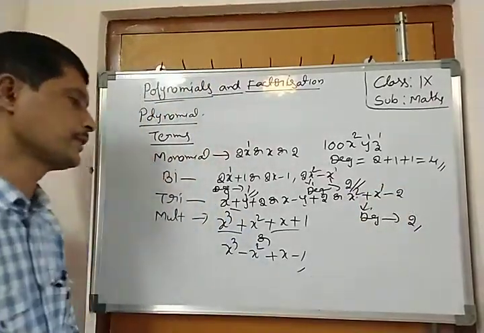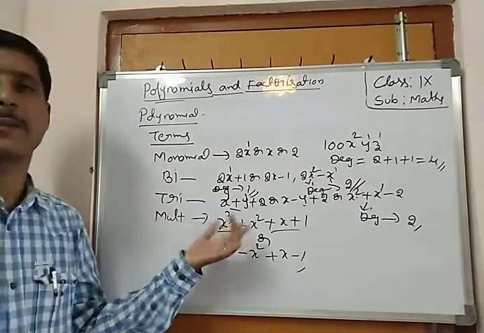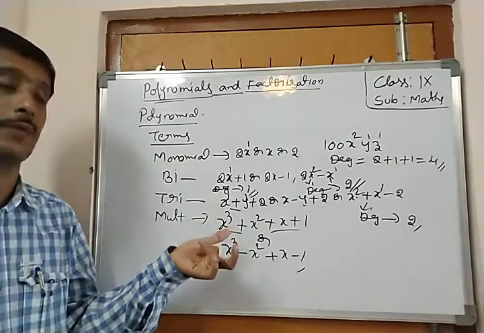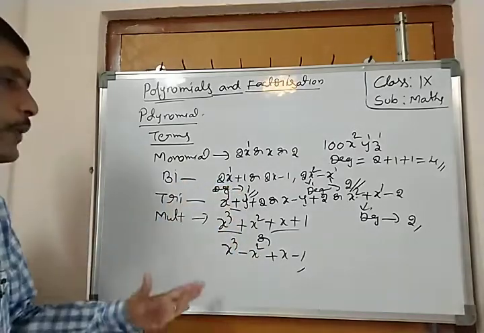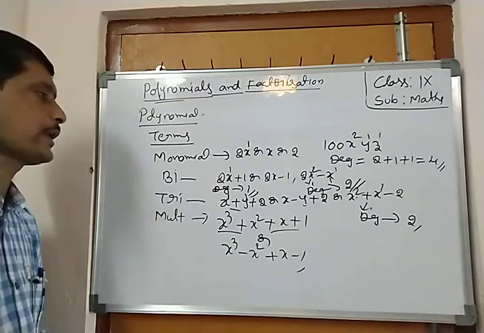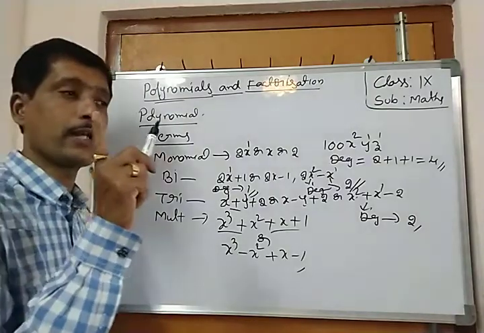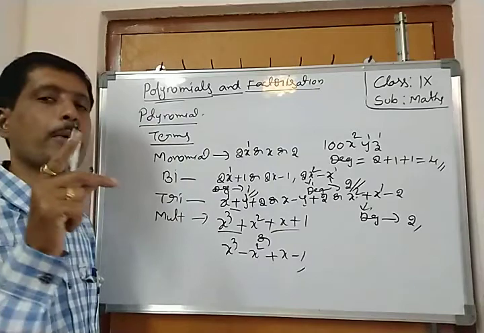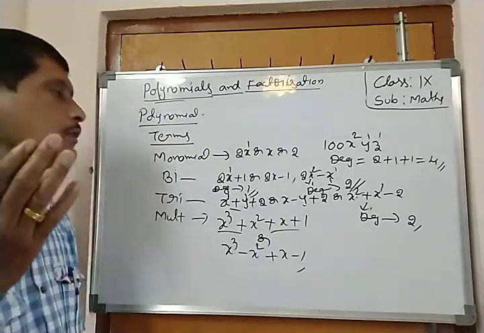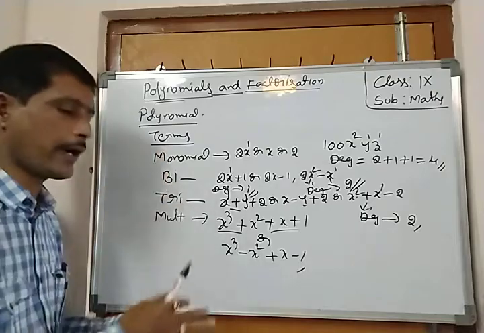Next multinomial is also the same: the highest power among the individual terms is the degree of the monomial, binomial, trinomial or multinomial, whatever it may be. Binomial means 2 terms, monomial means 1 term, trinomial means 3 terms, multinomial means 4 terms.